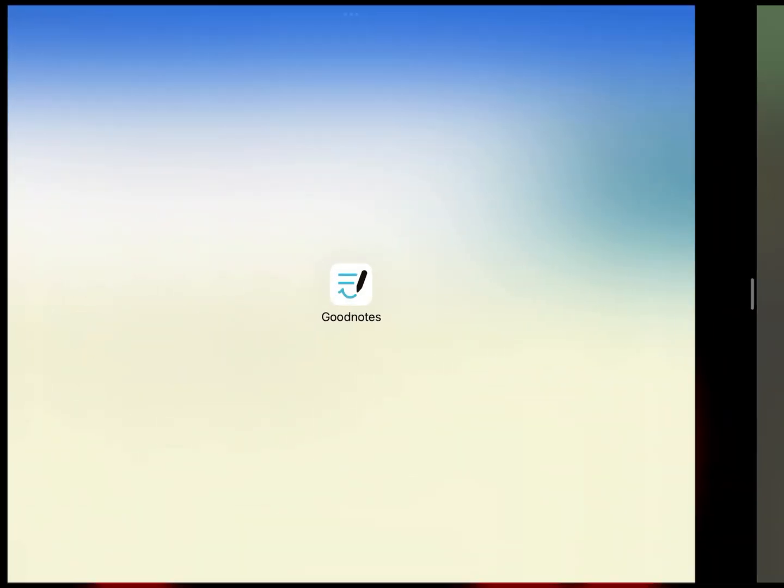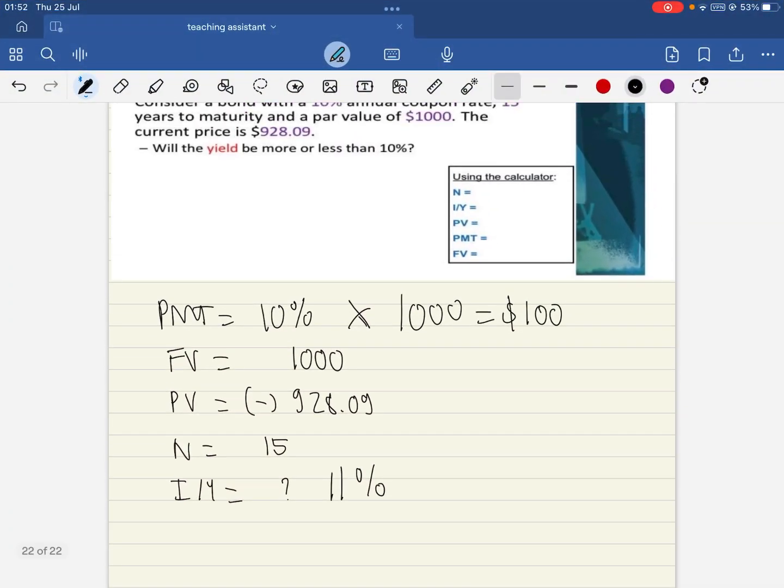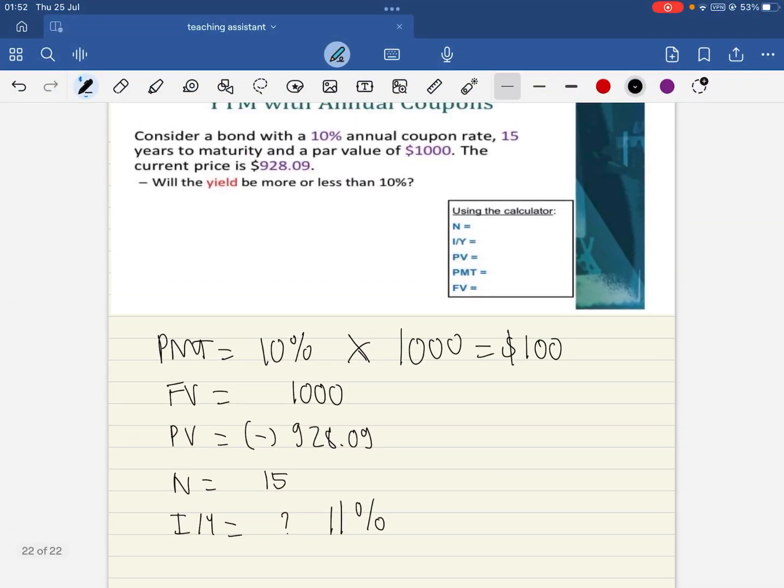So how do we answer this question? Will the yield be more or less than 10%? Because 11% is greater than 10%, the answer is the yield will be more than 10%.